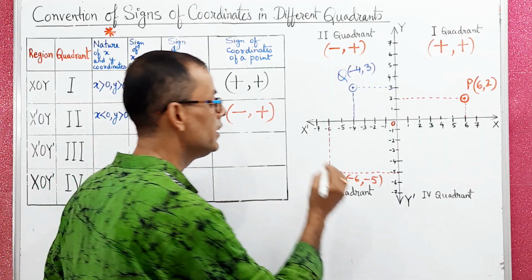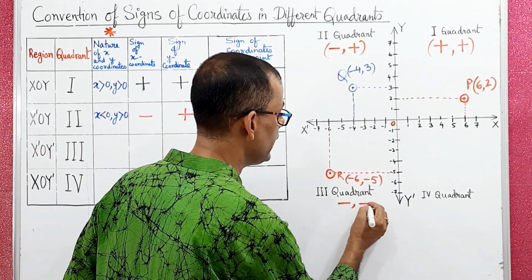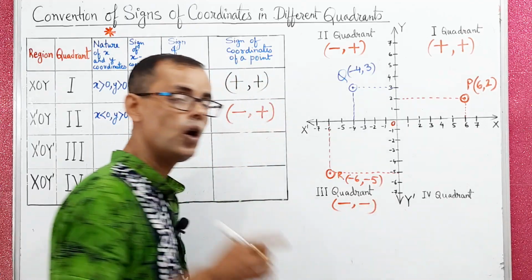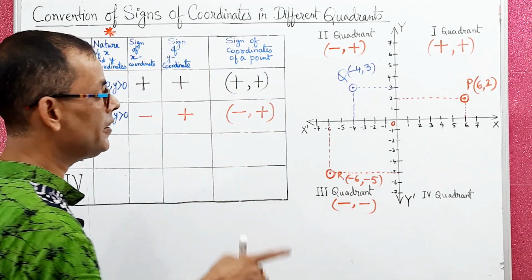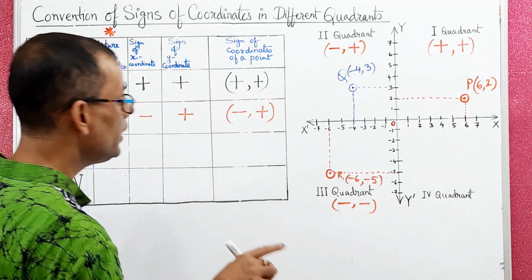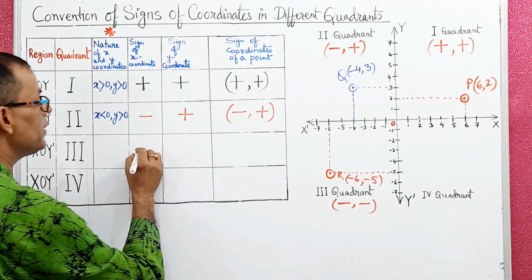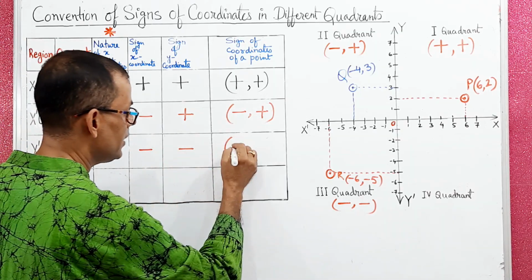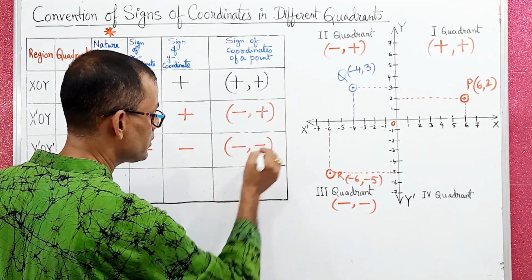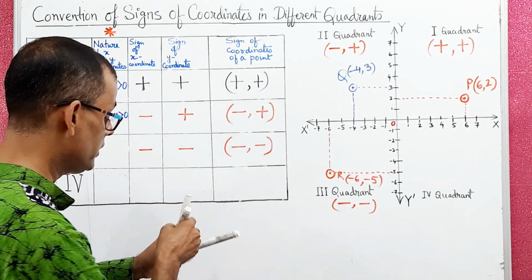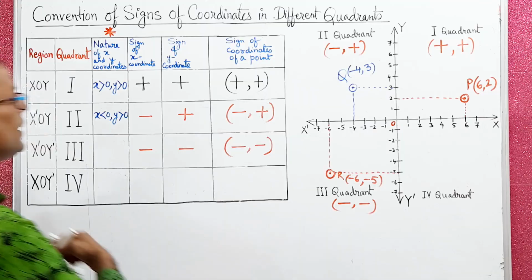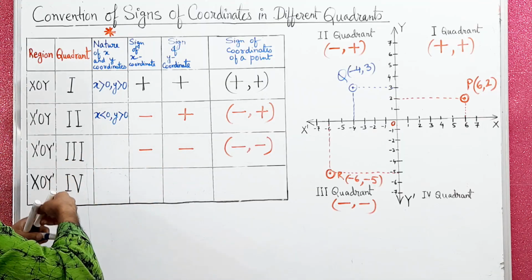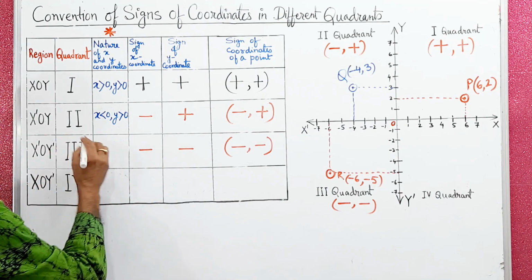So if you look nicely, you can see that both the x coordinate and y coordinate, the sign is what? Negative, negative. So the x coordinate sign is negative, the y coordinate sign is also negative. So what can I write? Minus, minus, and together minus, comma, minus. So the sign, I got it. Now since it is negative, what will we write?